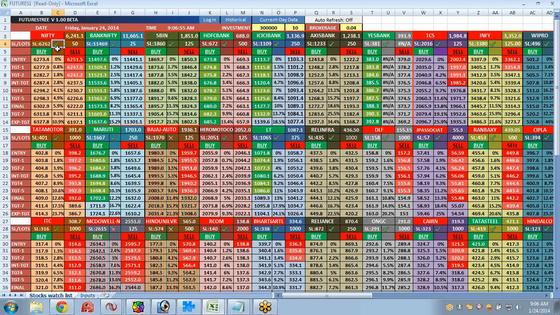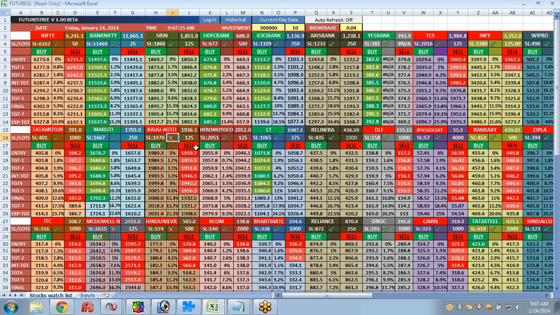And this green symbol means that that particular script is ready to trade. And 50 is a number here. I'll just come back to that. And likewise, besides the green symbol, we do have an X symbol with vertical red lines.